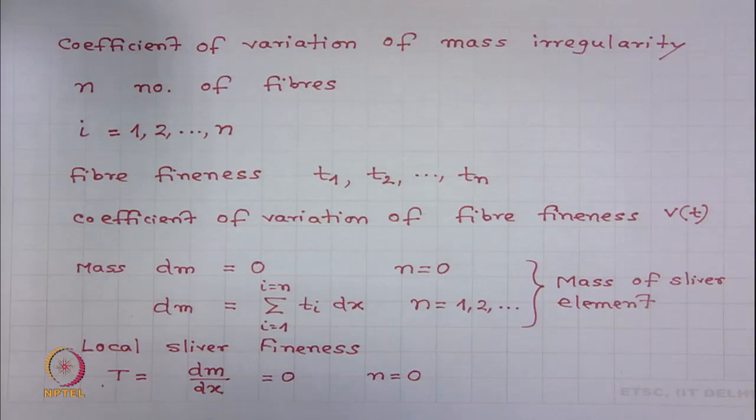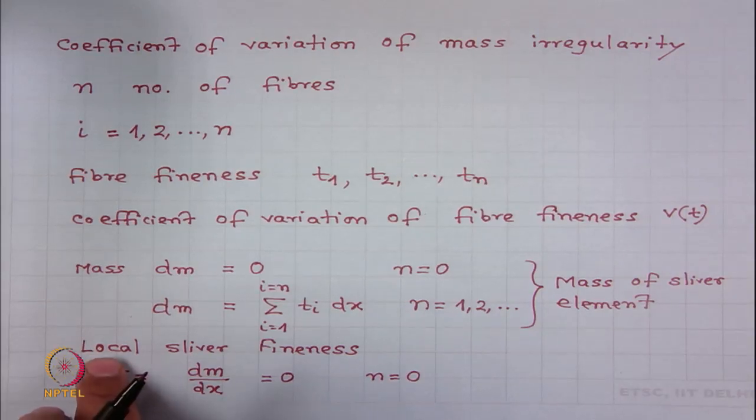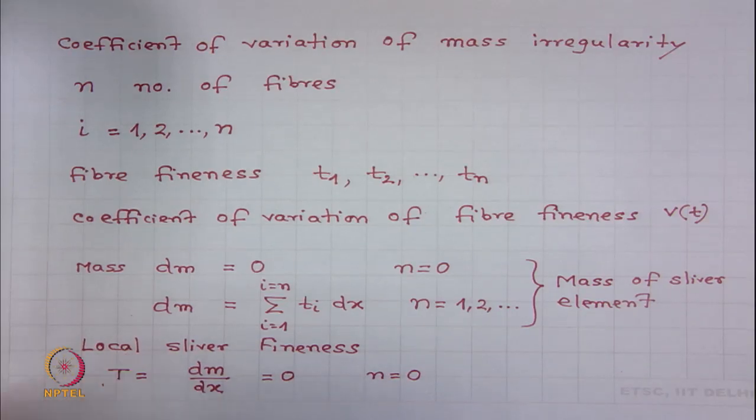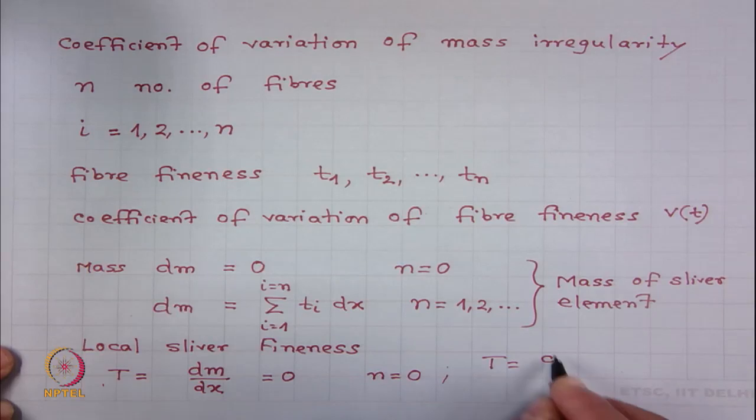That is why we use the word local. If we choose a very small element of a sliver, there can be no fiber. So, in that very small element, fineness can be 0. That is why we use the word local sliver fineness. Otherwise, this T is equal to dm by dx.